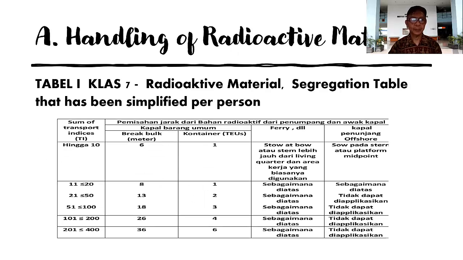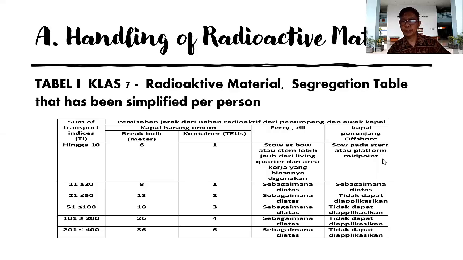For transport index 11 to 20, it is 8 meters, and also still the same 1 container. 21 to 50, 13 meters, container 2, and 51 to 100, 18 meters, and container TEU is 3, and 101 to 200, transport index 26 meters, and equal to 4 containers or 4 TEUs, and 201 to 456 meters, equal to 6 TEUs. And this is applied for ferry, ship, and offshore support ship.